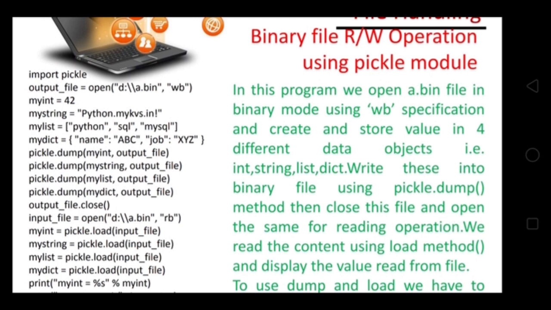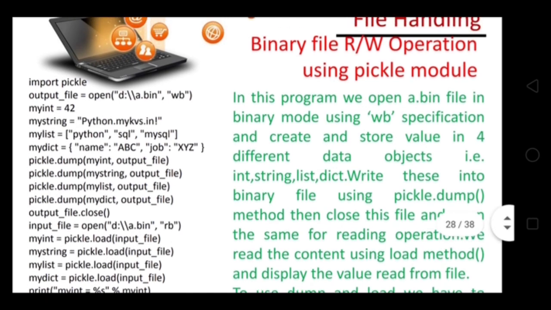Just see this, this is a simple program. First of all, we have to import the module which is known as pickle. Then we have created one file object with the name output_file, which is opened in the write mode.